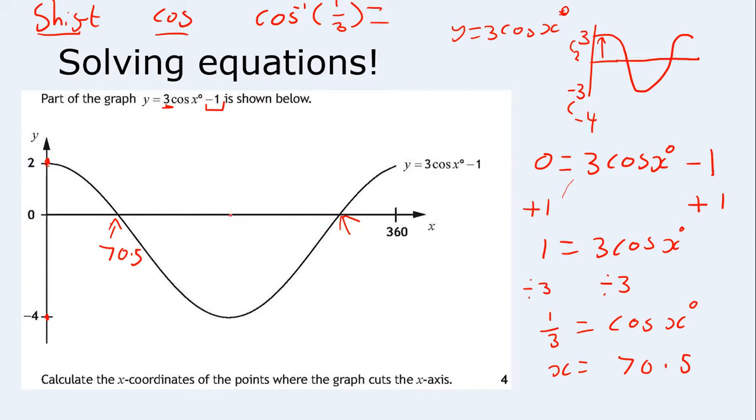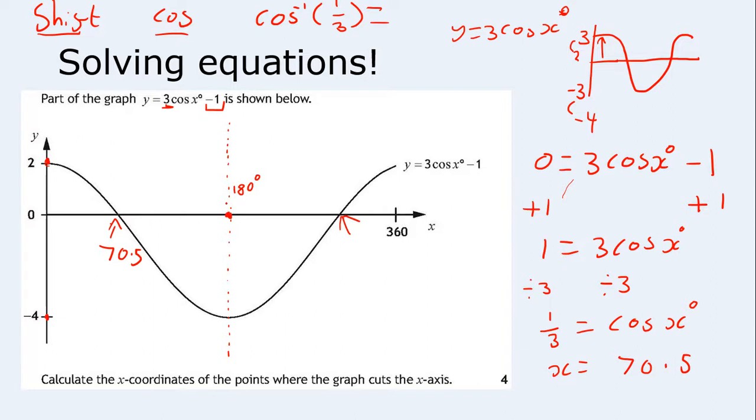So you'll remember that this point of symmetry, where the cos graph is at its lowest point, is at 180 degrees. So if you type cos 180 into your calculator, you'll see that you get minus 1. And this is going to be true for this equation as well that we've got here. Our lowest point is at 180 degrees.